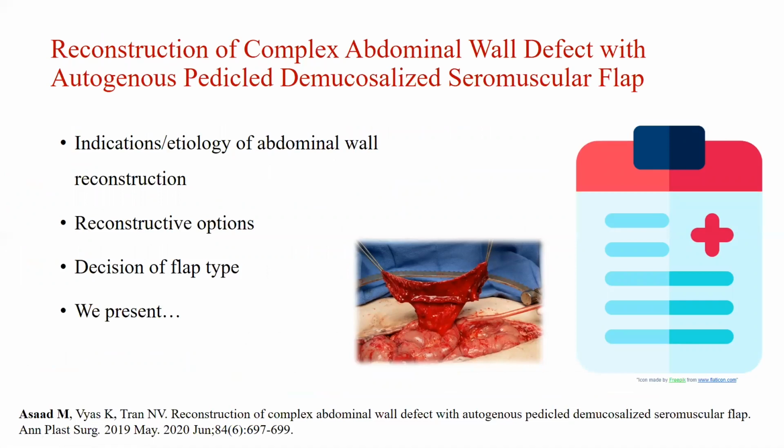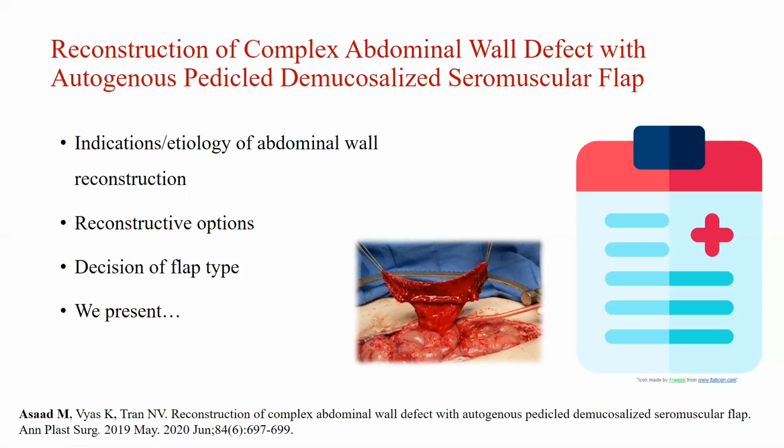This is a recently published article I wrote, and we discussed the case report of abdominal wall reconstruction using a segment from the ileum. So the ileum was cut open and used to support the vascularity of the abdominal wall. Let's say that we want to write an introduction, and what would be the general background for that topic?